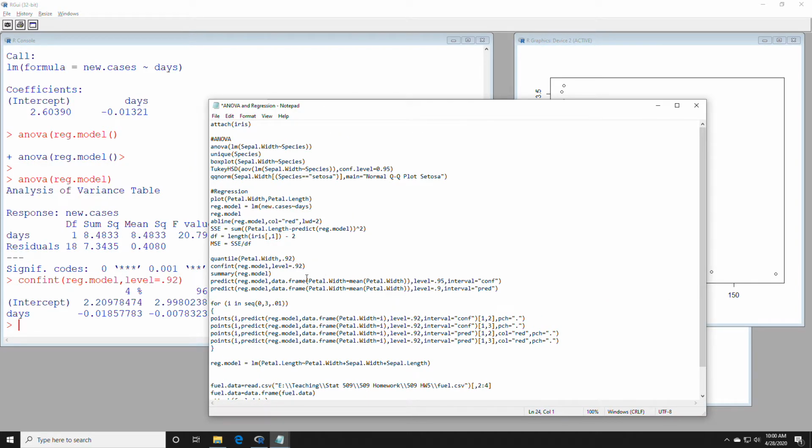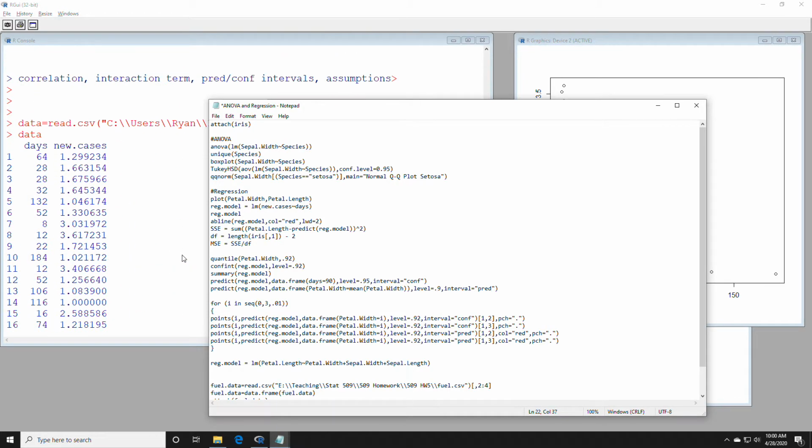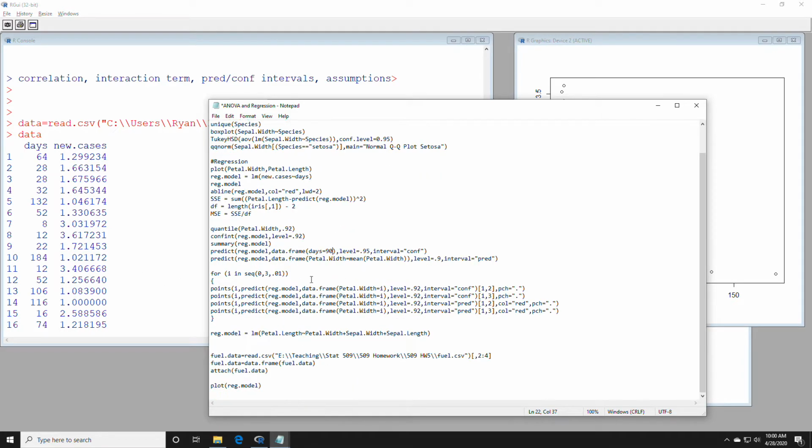So what we could do is, this is what we need to replace this x here. This is our x value. So we would need to put days is equal to 90, because we want our x to be 90. And we're doing a confidence interval.